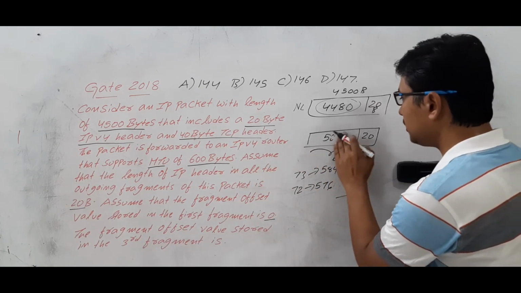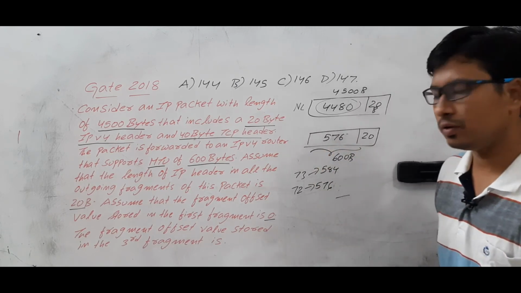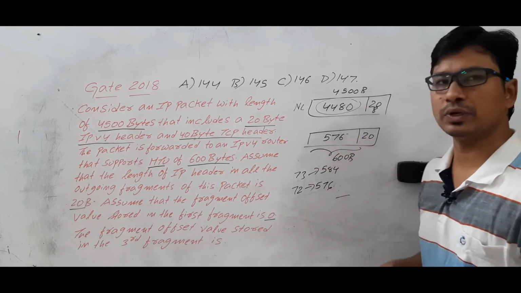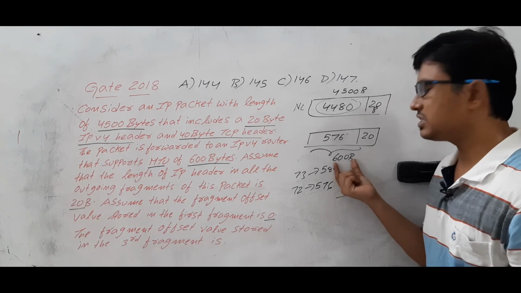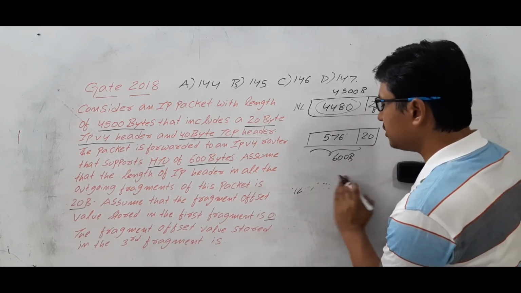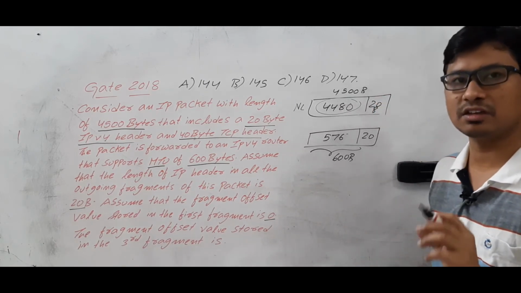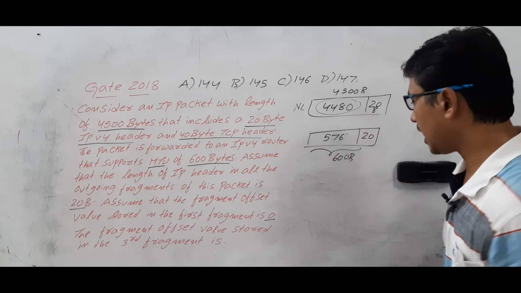So if I send only 576 bytes, is it a problem? No, because 576 plus 20 is 596, which is less than the 600 bytes I can transfer. So instead of 580 bytes, we will send 576 bytes of information in each fragment.